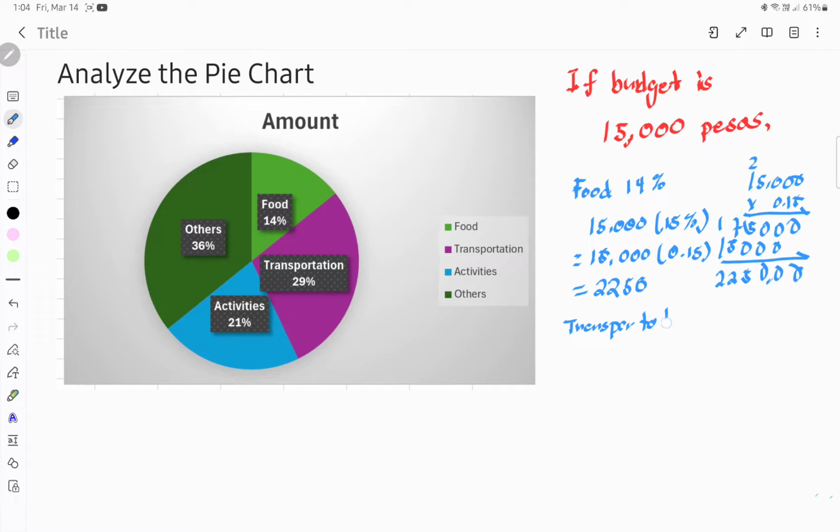Now, let's go with transportation. In transportation, it is allocated by 29%. So your setup would be 15,000 multiplied by 29%.